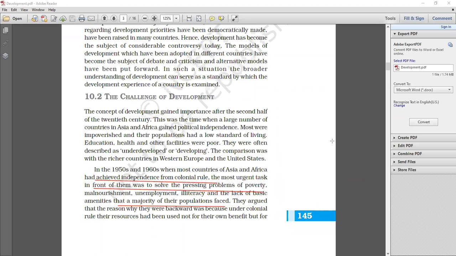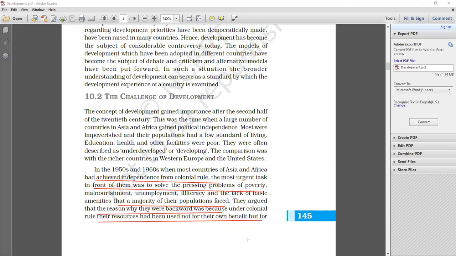They argued that the reason why they were backward was because under colonial rule their resources had been used not for their own benefit, but for the benefit of their colonial masters. They always argued, discussed, and debated this topic. We are backward just because under colonial rule most of our resources had been used.